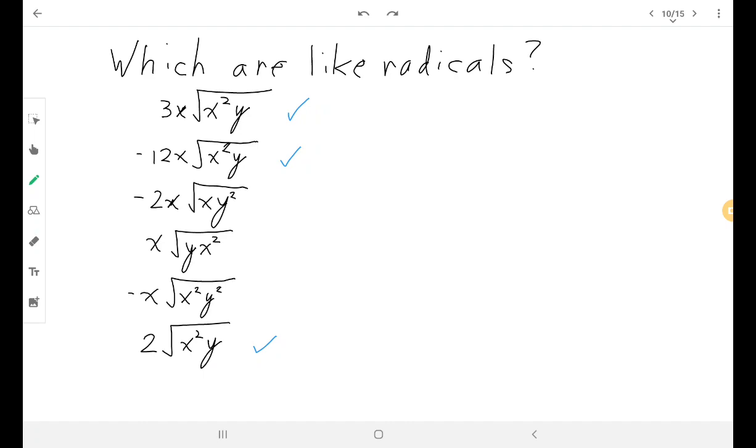You could still write it as x squared times y, because multiplication is commutative. You can write it in whatever order you want. So that is also a like radical. Then look at this one. They both have squareds, so definitely not that one. All right, I'll let you look at that for a moment. And let's move on to the next board.